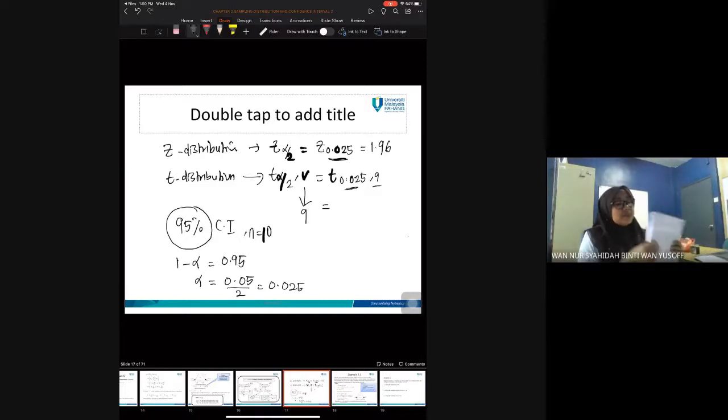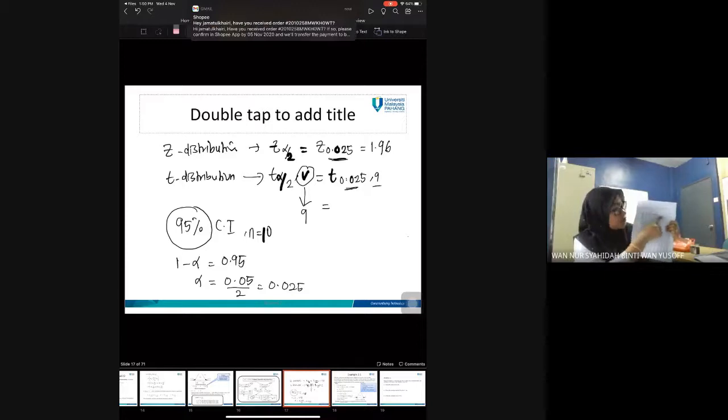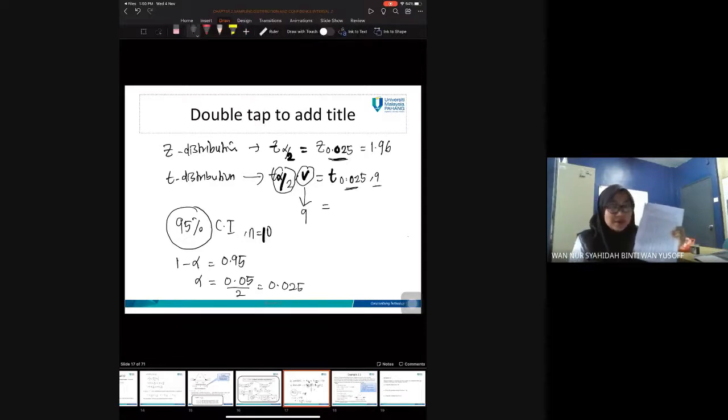The page after the z is table 5, percentage of the t distribution. The first column is for nu, the degree of freedom, and the first row is the probability value. So find the combination of 0.025 with 9.